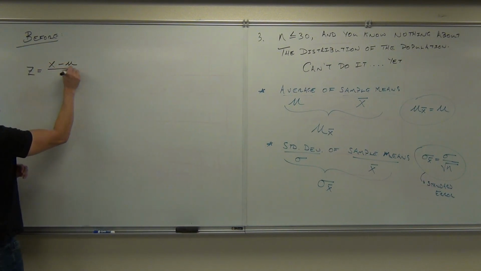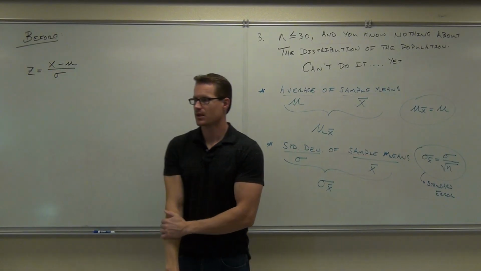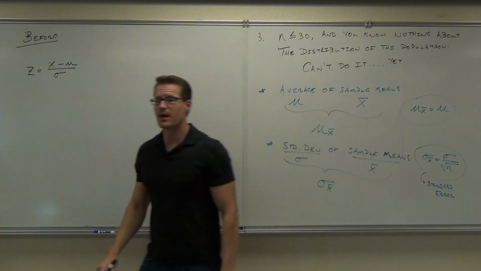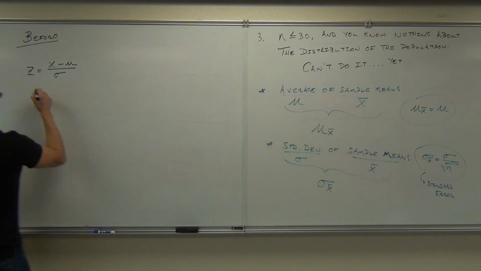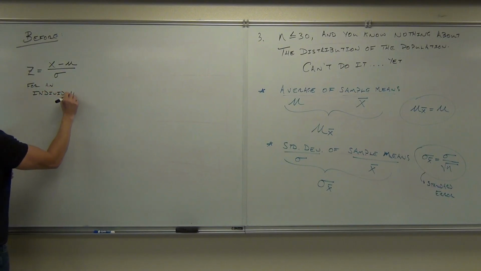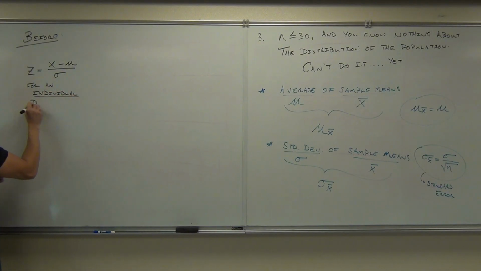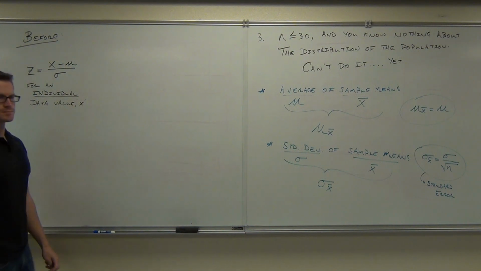Good. Or in other words, x minus mu over sigma. Hopefully you know that. You've been doing that for a while. This was for an individual data value, that's our x.